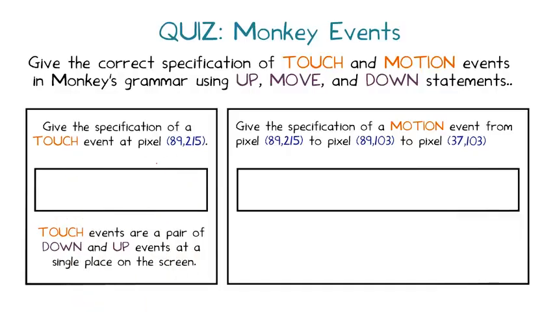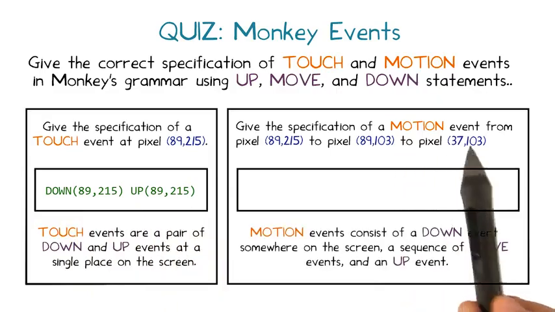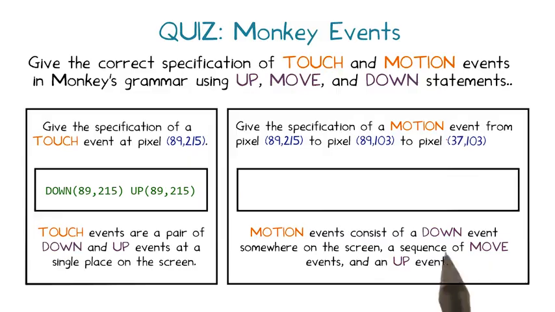A touch event at a single pixel will be just a pair of down and up events at that pixel. So the answer to the first question is down at 89215 followed by up at 89215. A motion event consists of a down event at the start pixel followed by a sequence of move events to each intermediate pixel along the path of motion, followed by an up event at the last pixel that we move to.